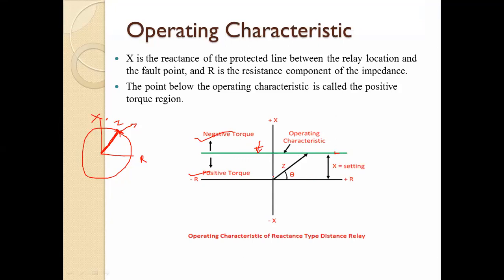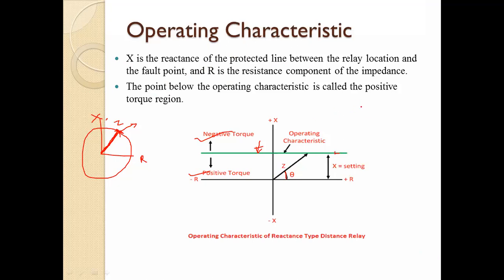When we are considering the torque equation and the different angles, this angle is shown here. That is a straight line. Here X is the reactance of the protected line between the relay location and the fault point.